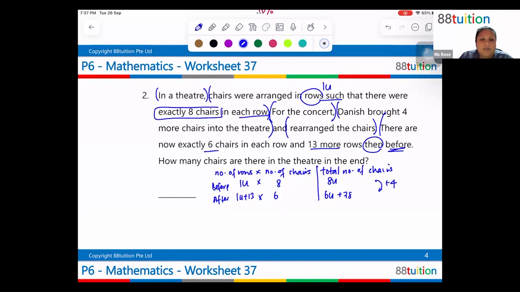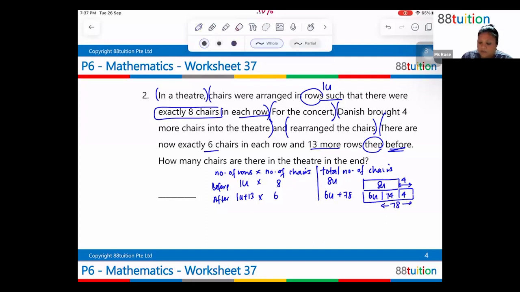Now, what you have here is this. The change from before and after is you plus 4 chairs, isn't it? So I can represent it like this: 8 units plus 4 more chairs gives 6 units plus 78.